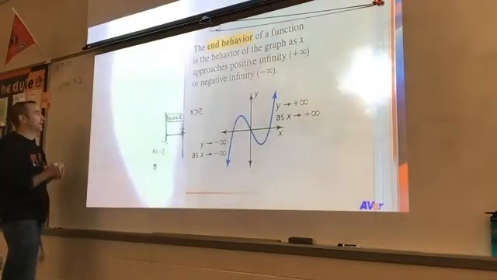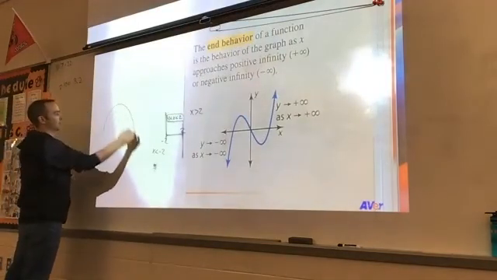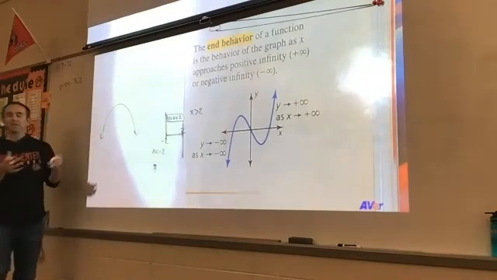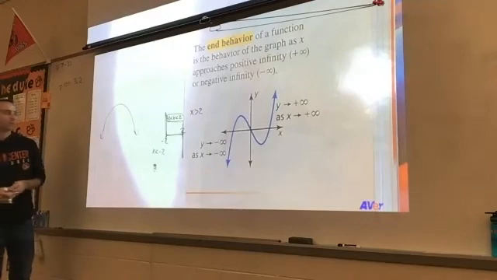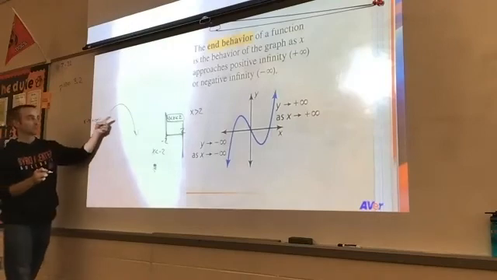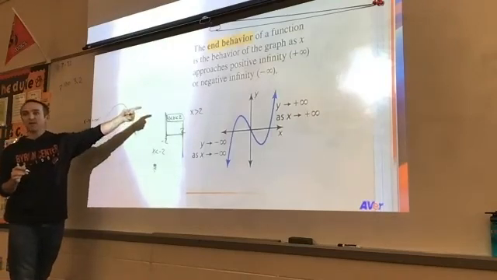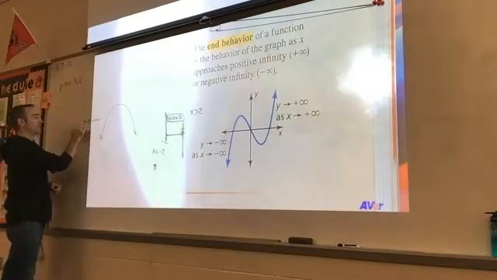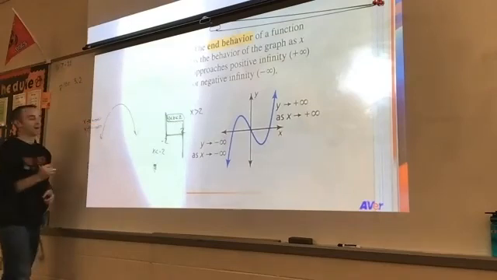If I had a graph, let's say that looked like this, and we wanted to talk about end behavior. Well, we would say, all right, as X is going positive forever, what's happening to Y? Going down, right? Our Y value is going down. So we would say Y is going down forever.